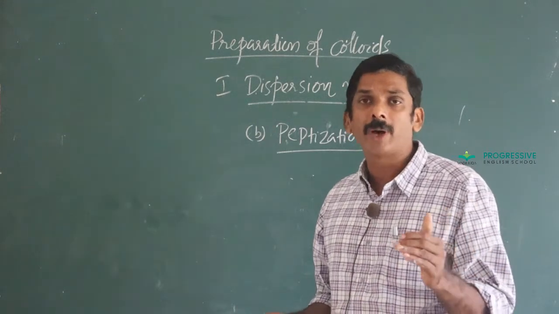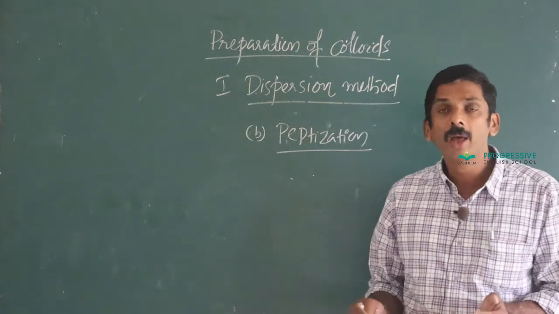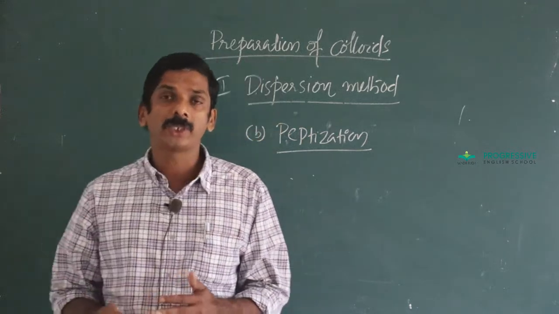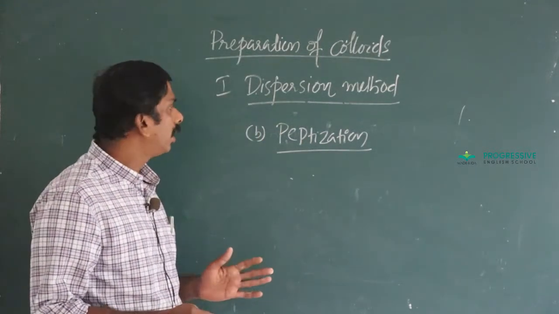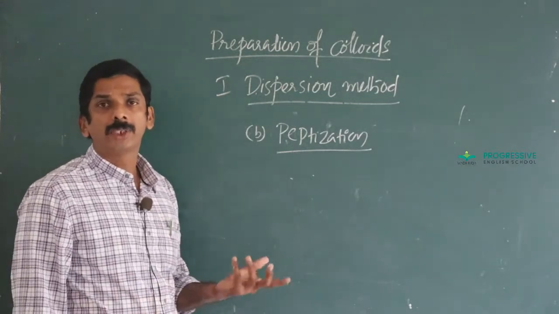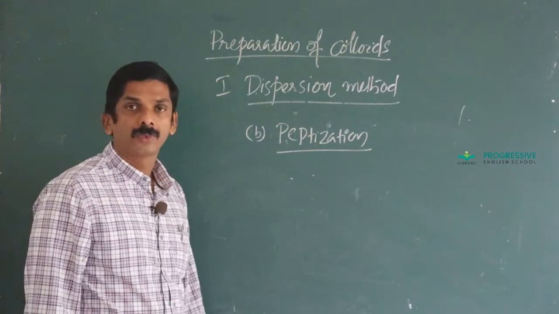A homogeneous system having particle size less than 1 nanometer is called a true solution. A heterogeneous system having particle size greater than 1000 nanometers is called a suspension. And in between, 1 to 1000 nanometers, a heterogeneous system formed is called a colloid.